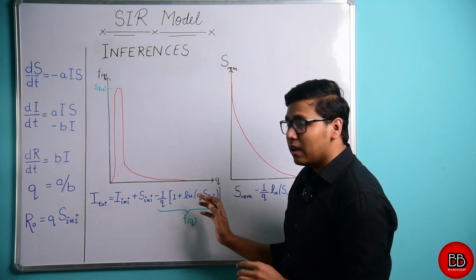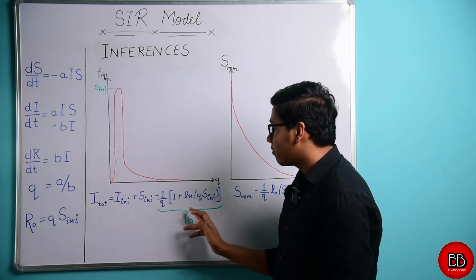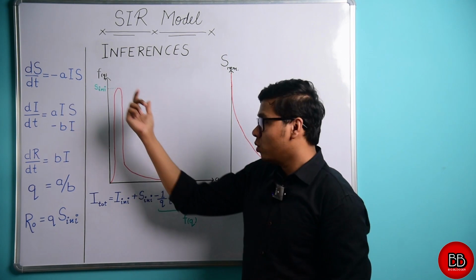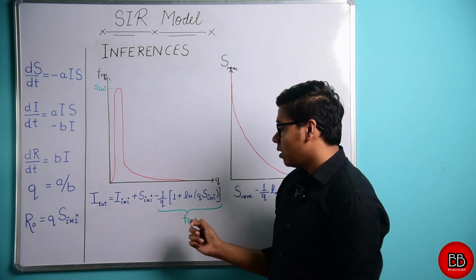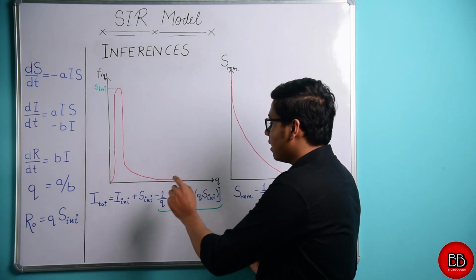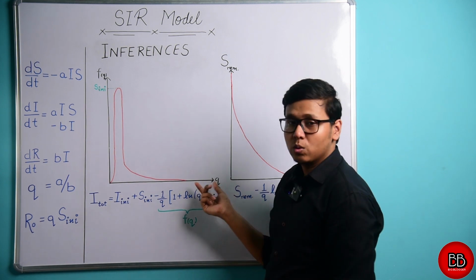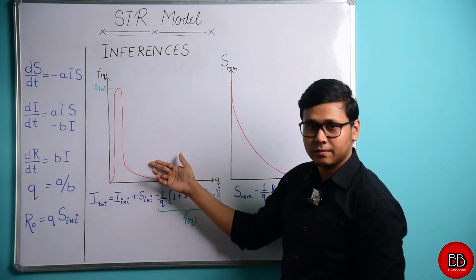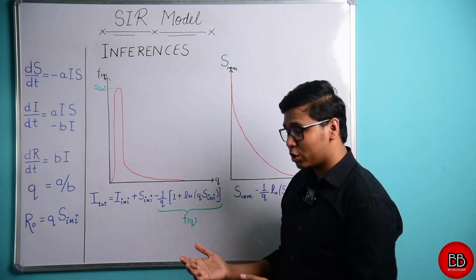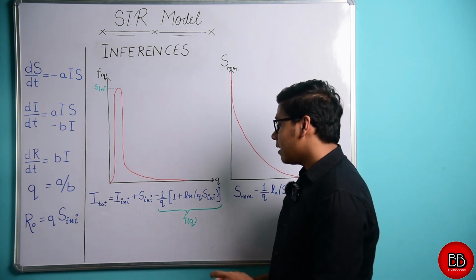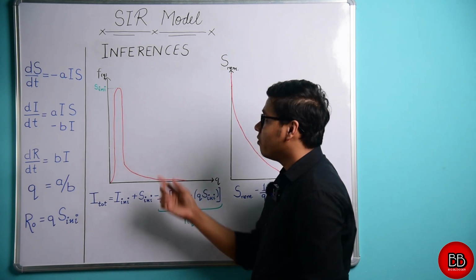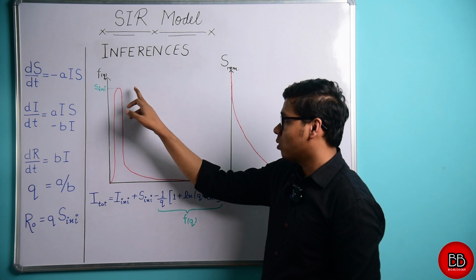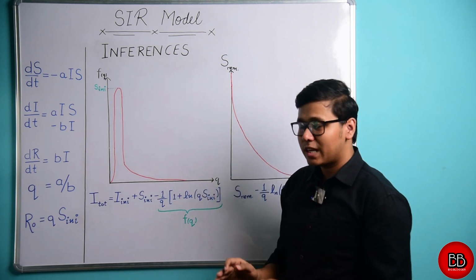this constant, if we consider it as a function of Q, I have plotted a graph here of f of Q versus Q. So when we have a larger Q, as Q is increasing, this function of Q is decreasing. What I want to say is that for a larger value of Q, we have a very small value of f of Q. What does that mean?